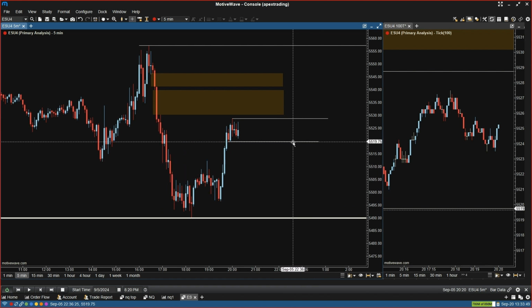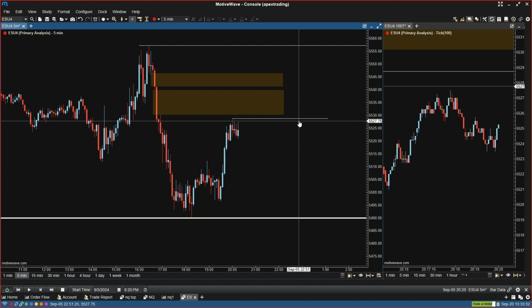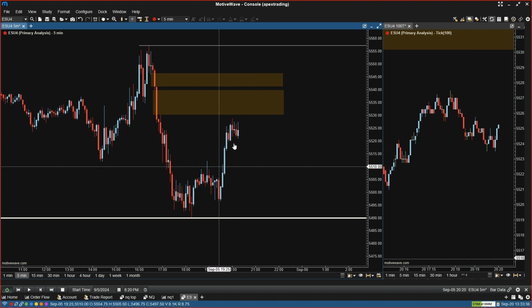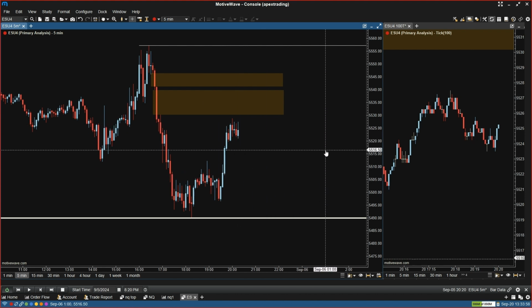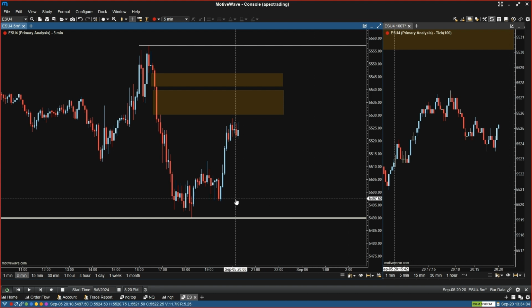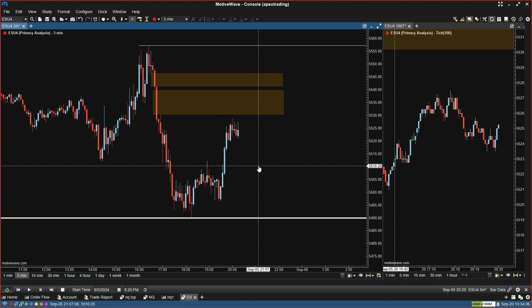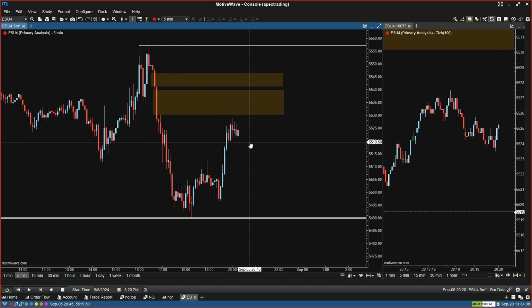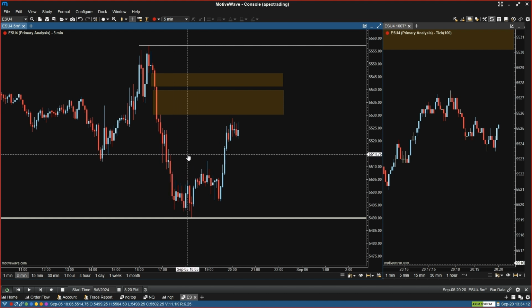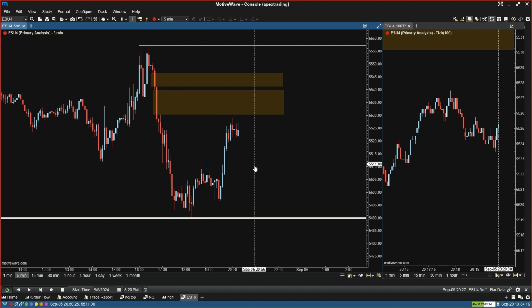Also take note, when we are moving on the micro time frame, the 5 minute is bullish. So we're not going to short yet because we have to synchronize the lower time frame, the 5 minute time frame, to the 30 minute, the 15 minute, and the hourly time frame narrative.